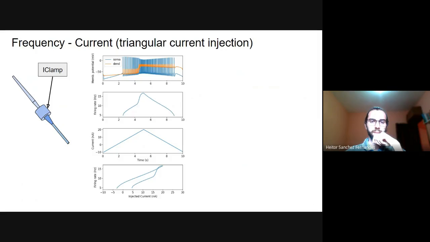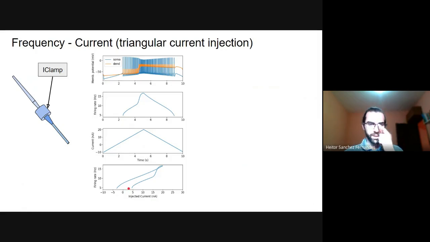Going from top to bottom, I see the membrane potential from both soma and dendrite, then the firing rate, and here a plot of the firing rate as a function of the injected current.